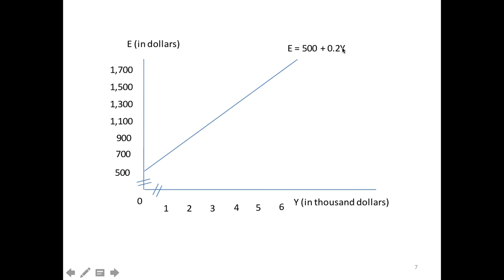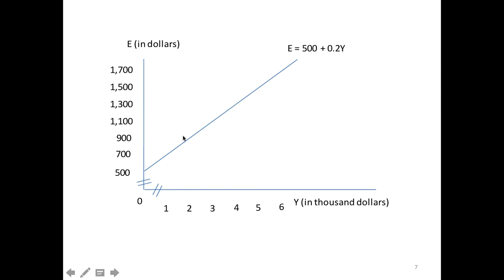So if your income is 0 right now, you have to pay $500. If your income is, say, $1,000, then you pay 0.2 multiplied by $1,000, which is 200 plus 500, so your healthcare expenditure is going to be 700. So that's the intersection of 700 and 1,000 here, right?